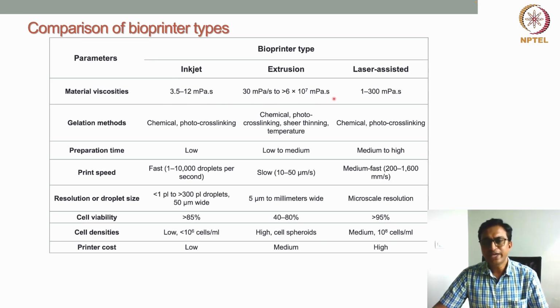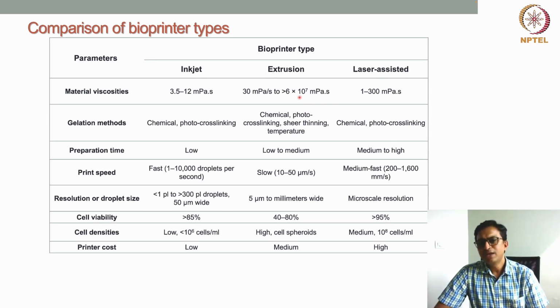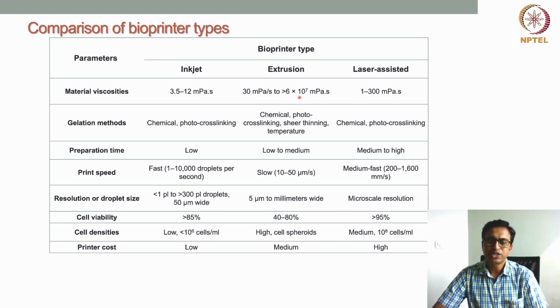Now coming to extrusion based bioprinter, there we can use low to moderate viscous, and even high viscous material can be used, right? So in extrusion based printing technology, a very wide range of viscous material can be used, starting from very low viscous to high viscous materials, because here the principle is we put the material into the syringe and then we apply pressure on the syringe.